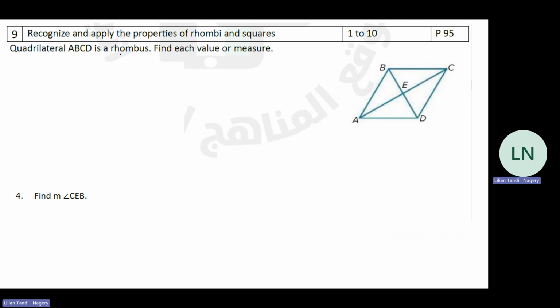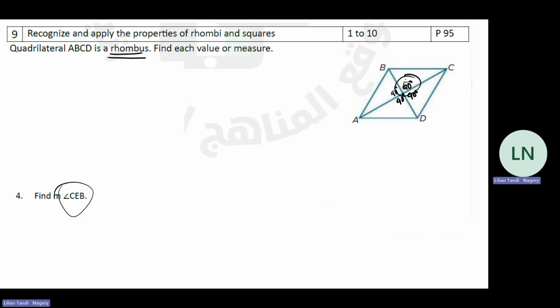The question says this is a rhombus. So I see the word rhombus. What am I talking about? Angles. Okay, so I will concentrate on angles. Now, the first angle that I know is I put 90 degrees here where the diagonals bisect. Okay, what else do I know? Find CEB.